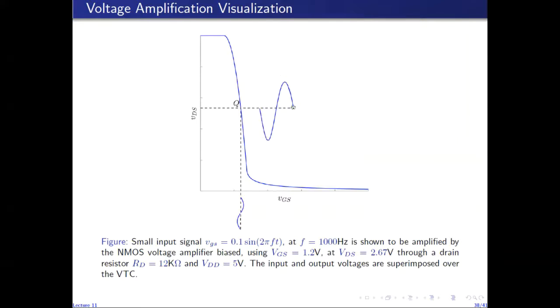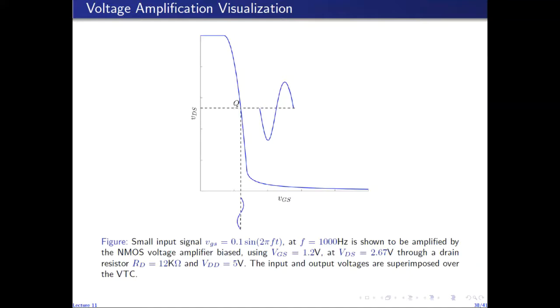So this inverted sine wave plus this 2.67 volts of DC voltage represents the total drain to source voltage at the output. I've used an RD of 12 kilo ohms and set the supply voltage to 5 volts. So you can see that this 2.67 volts biases the transistor almost in the middle of the saturation mode.